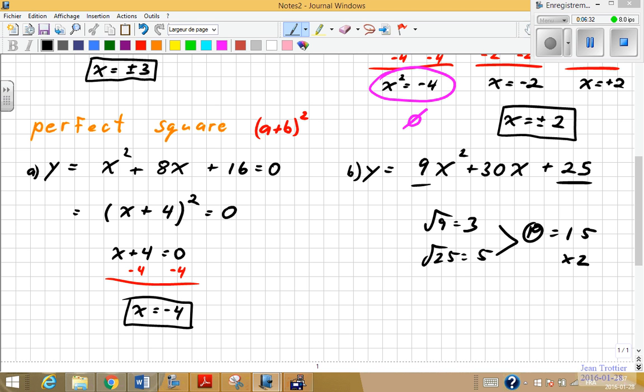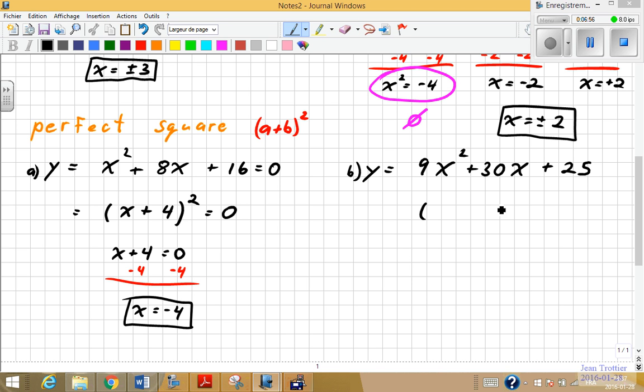If I double it, it becomes 30. So that's a little test you have to do. You take the root of a, the root of c, the two coefficients, you multiply them together, and if you double it and it gives you coefficient b, it is a perfect square.